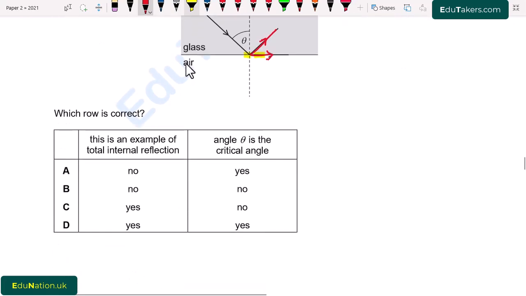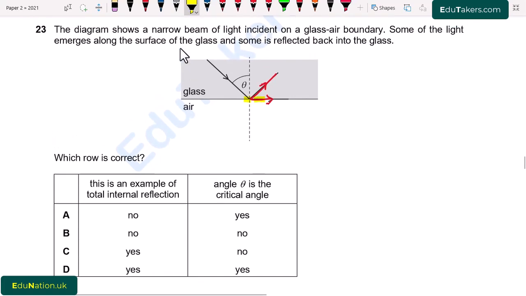Which row is correct? This is the example of total internal reflection. Angle theta is the critical angle. So we can see from here whether this angle is the critical angle or not. The critical angle is actually the angle of incidence for which the angle of refraction is equal to 90 degrees.